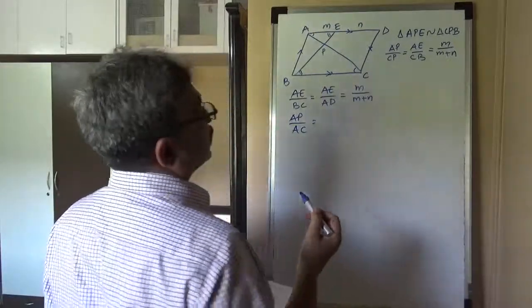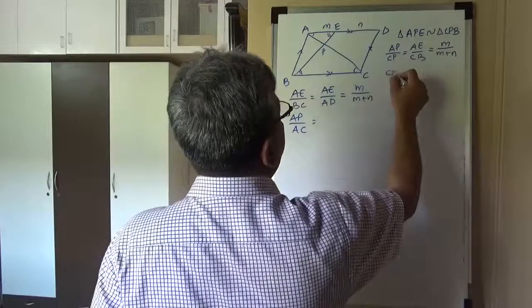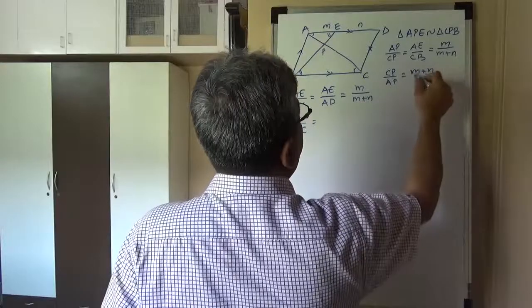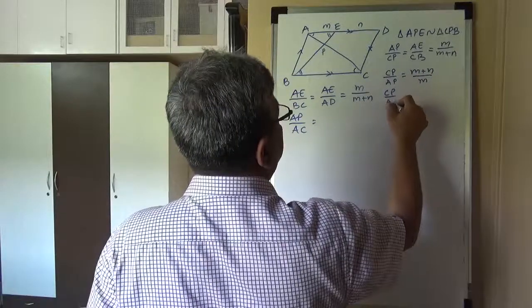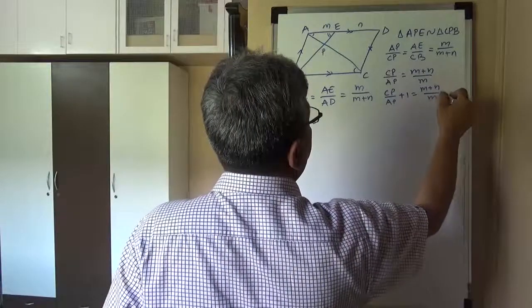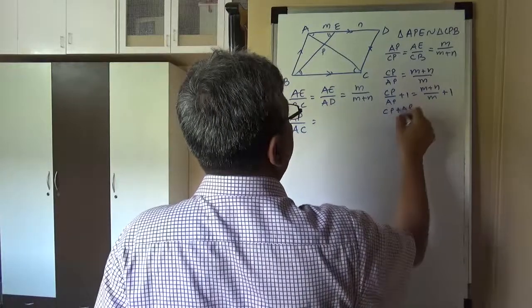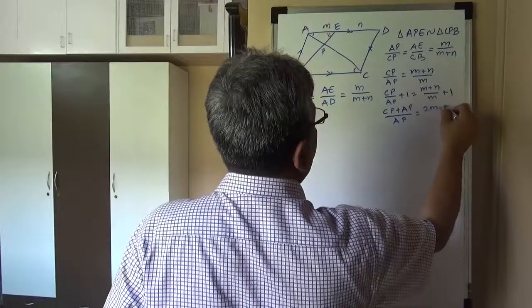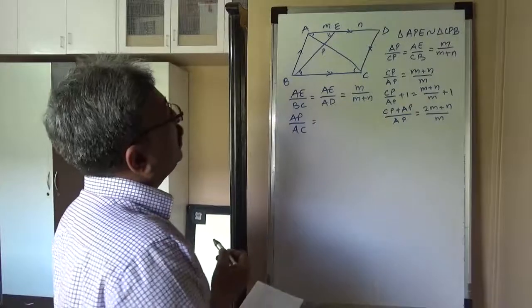Therefore by a little bit of modification, you need AC, so CP upon AP is equal to M plus N upon M. Now adding 1, CP upon AP plus 1 is equal to M plus N upon M plus 1, which is CP plus AP upon AP, which is 2M plus N upon M. Now what is CP plus AP?